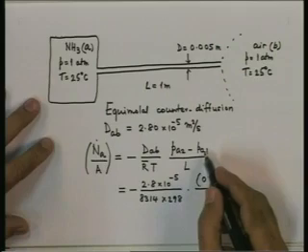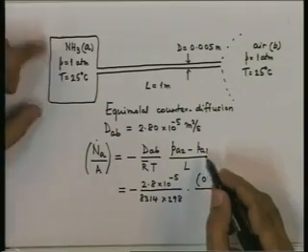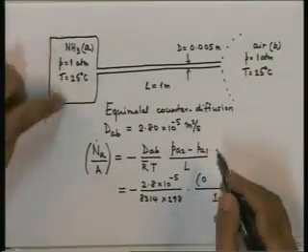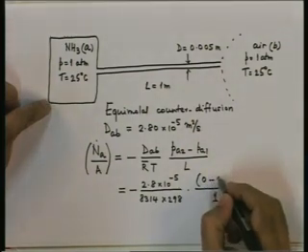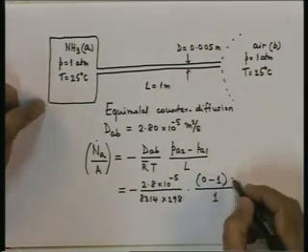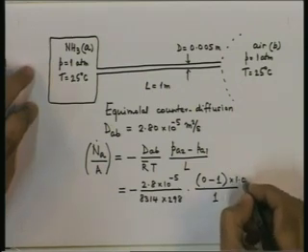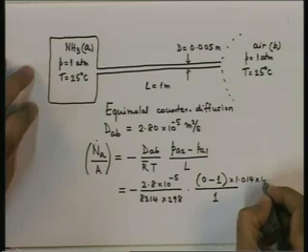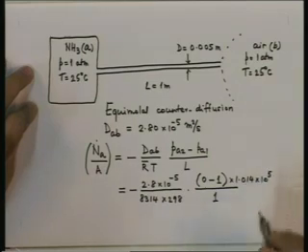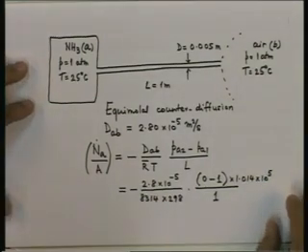The partial pressure of ammonia in the tank, it is full of ammonia, so it will be 1, but this is in atmospheres. So, we will multiply it by 1.014 into 10 raised to 5 to convert it into Pascal or Newton per meter square.